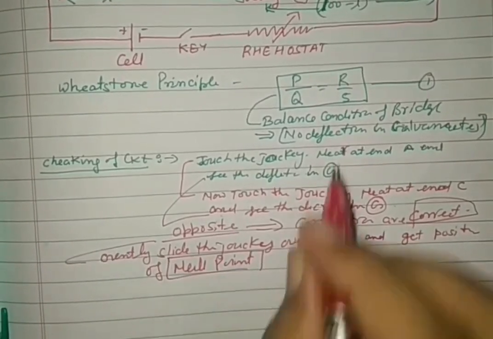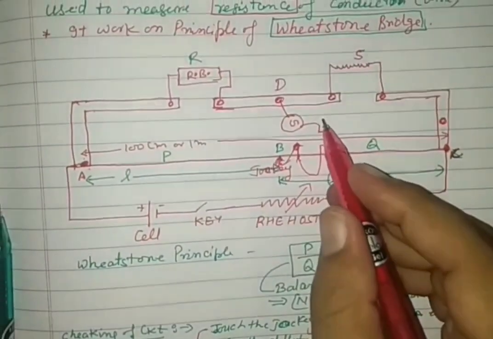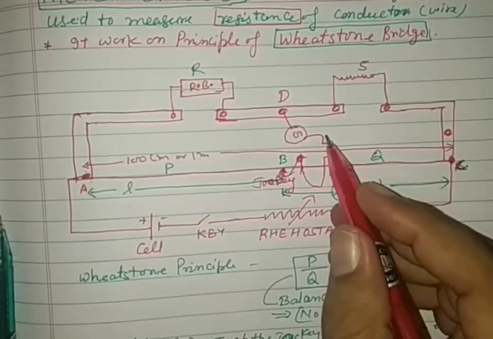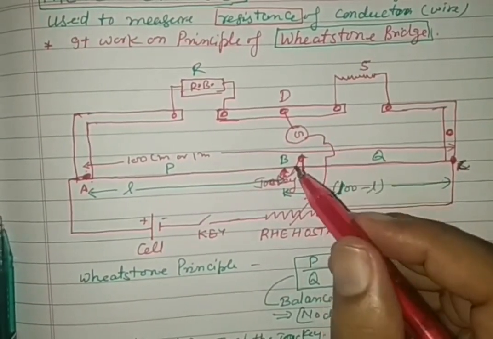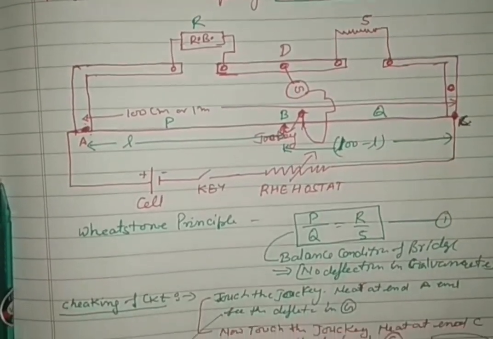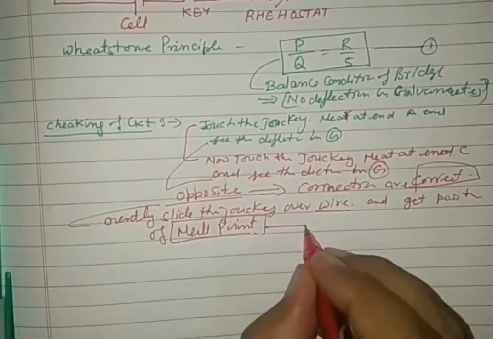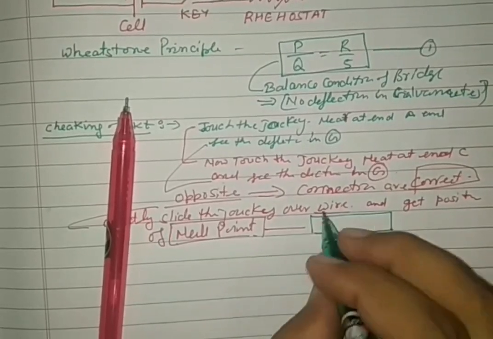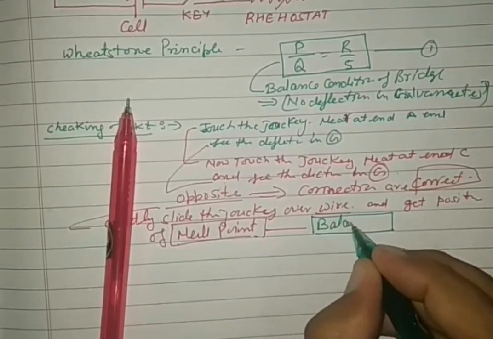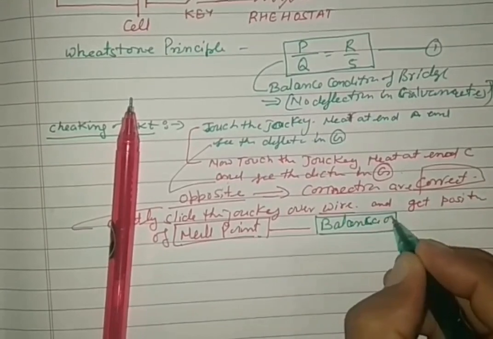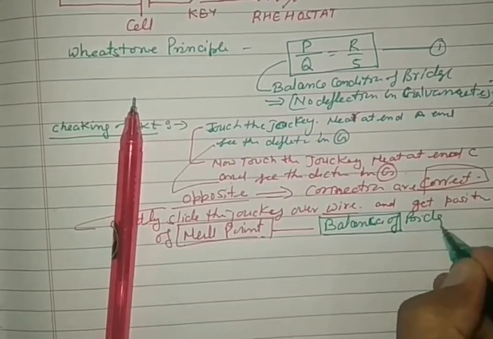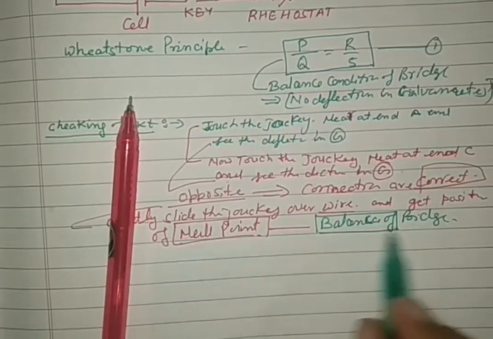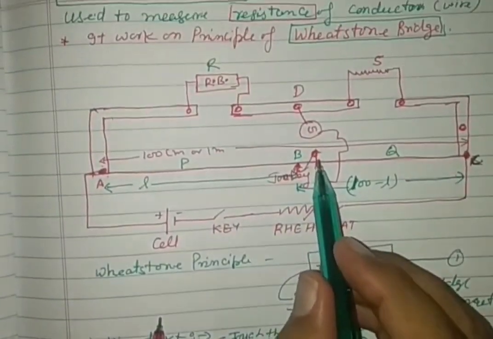What is the null point? No deflection in the galvanometer; the pointer remains at 0. So this is called the null point, and it indicates balance of the bridge.